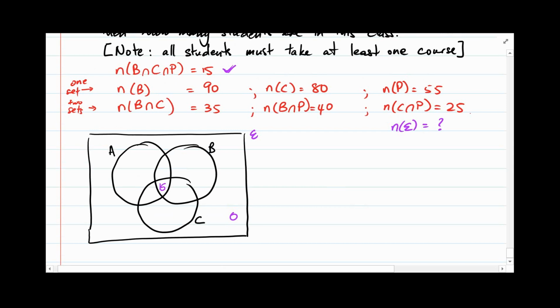Alright, having done that, we've found the place with the greatest overlap or a place with no overlap. Usually those are the 2 places that we can put things in. If I try to start with one of my sets, the set of biology, I would have too many regions.